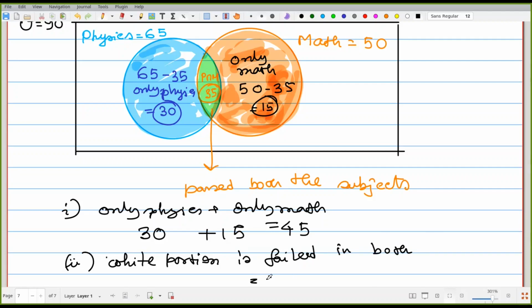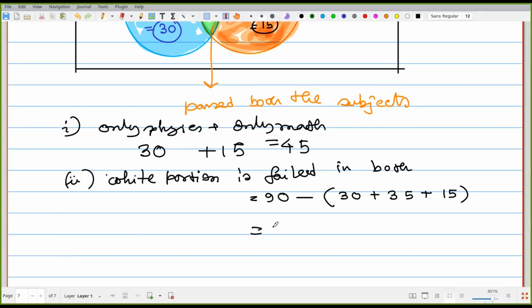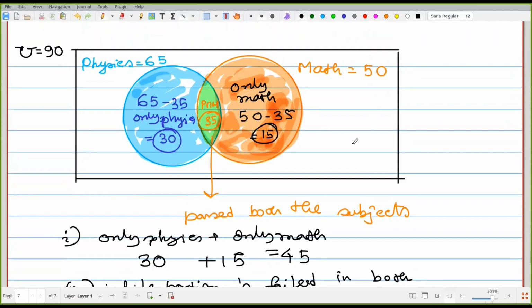So that is 90 minus only physics 30 plus both passed 35 plus only math 15. So that one is 90 minus 80 or 10. So we can also say here that 10 is also present here. From the Venn diagram, we can also say that 30 plus 35 plus 15 is 80, 90 minus 80, that is 10.